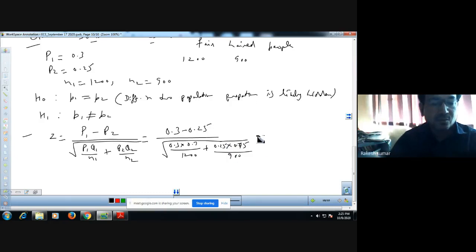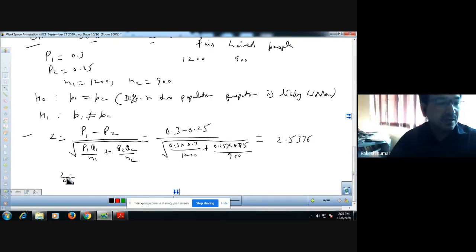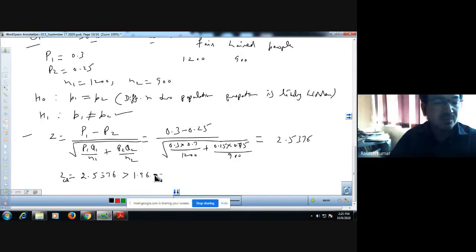We can calculate the calculated value: 2.5376. So this is your calculated value, and you can write Z calculated 2.5376, and this value is greater than 1.96. This is a two-tailed test, and this is the table value.